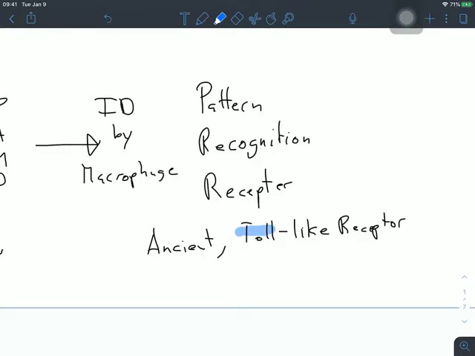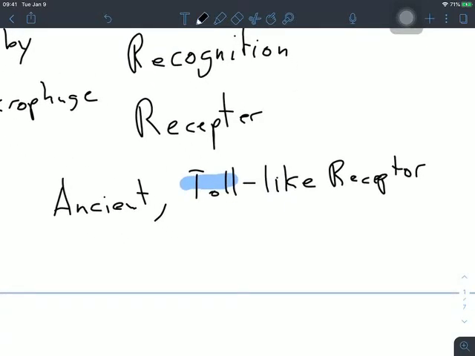Because these things were involved in so many different components, hence their name of toll-like receptors. So I enjoy that story, and it's kind of interesting to see how many different things toll-like receptors are involved in. They are found both in vertebrates and invertebrates.